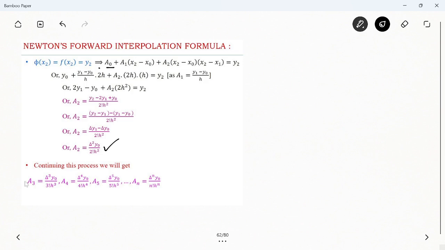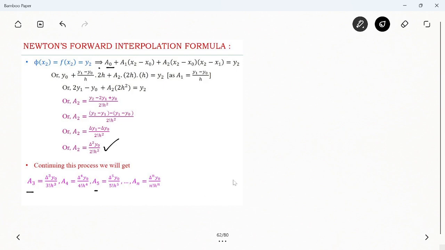And successively continuing this process, we get a3 as del cube y0 by 3 factorial h cube, a4 as del to the power 4 y0 by 4 factorial h to the power 4, a5 as del to the power 5 y0 by 5 factorial h to the power 5, up to an as del to the power n y0 divided by n factorial h to the power n.